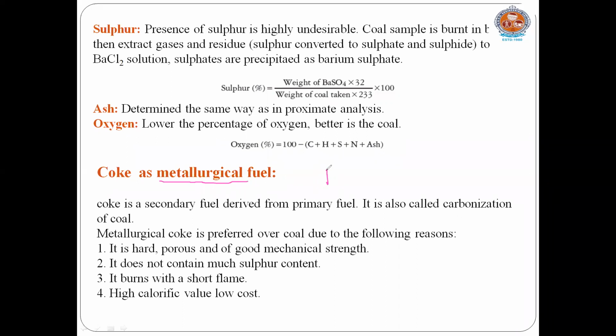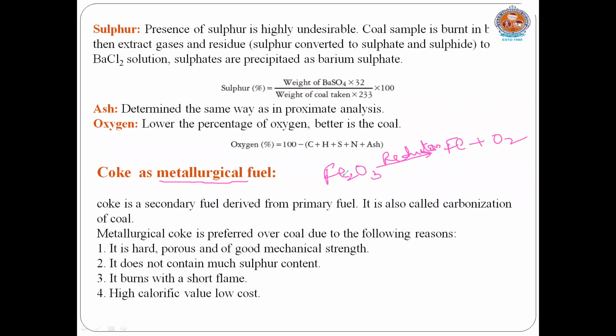For example, the iron industry. In the iron industry, we take the iron ore, Fe2O3, right? From this iron ore, we need to conduct a reduction, that is called the metallurgical process. It is converted into iron plus oxygen, right?